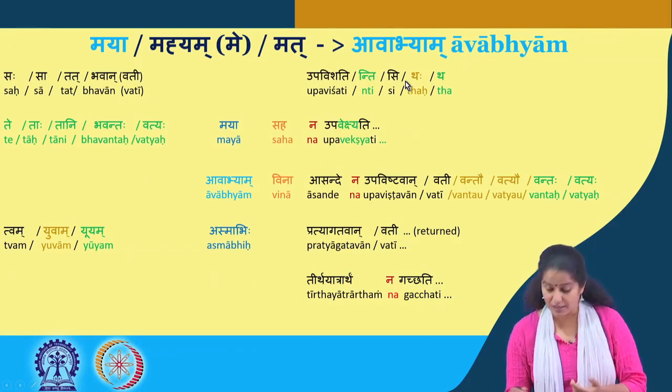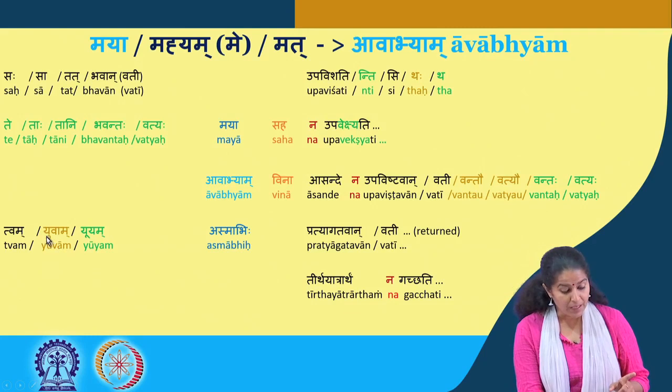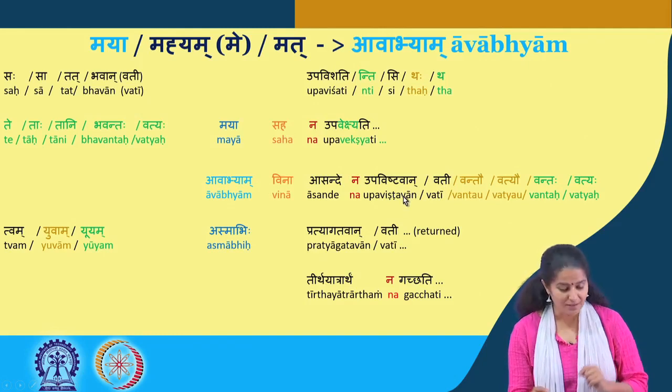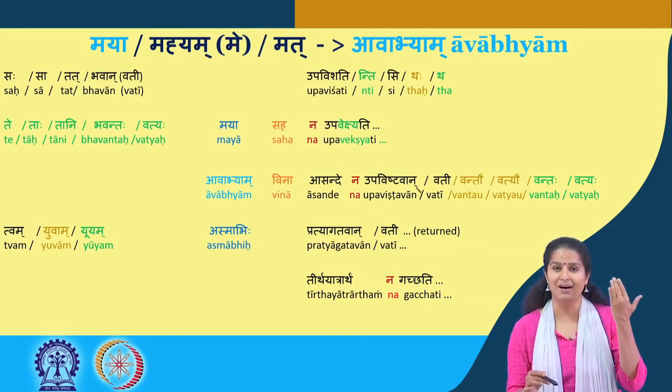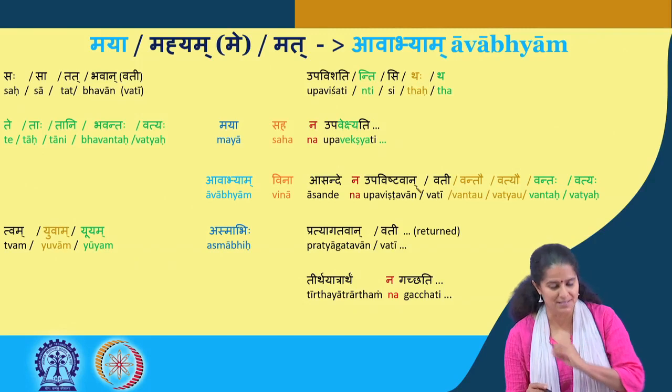Uttamam. And I'll do it also with the past tense because I want you to practice that. Tvam maya saha, we've seen upavishtavan, can be van or vati. If it is the simplified past as upavishtavan, it doesn't change the way the verb ends.